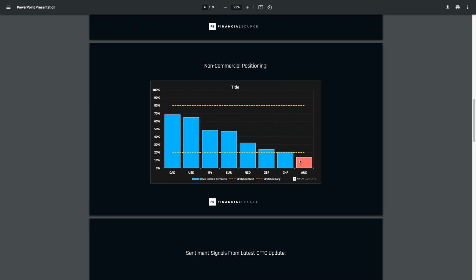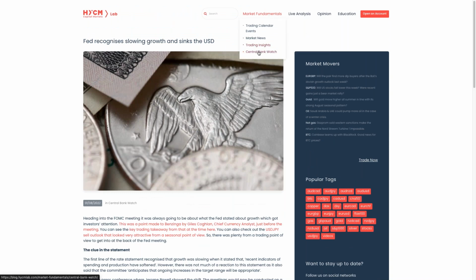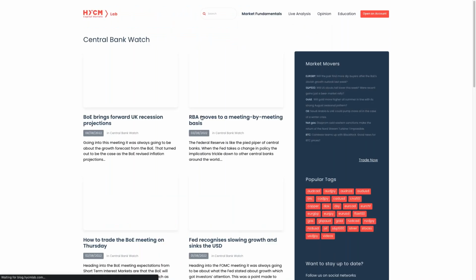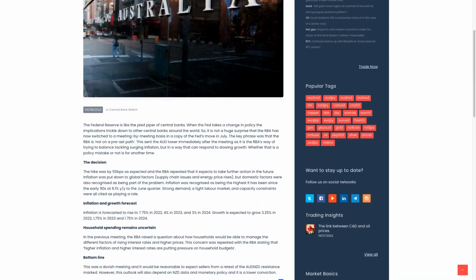Something like that could be a good reason to suddenly go long the Australian dollar. But at the moment, the Australian dollar is obviously sold for a reason, and if you look at my blog, you'll see that the RBA has moved to a meeting by meeting basis, just like the Fed. They're just a little bit more reticent now.